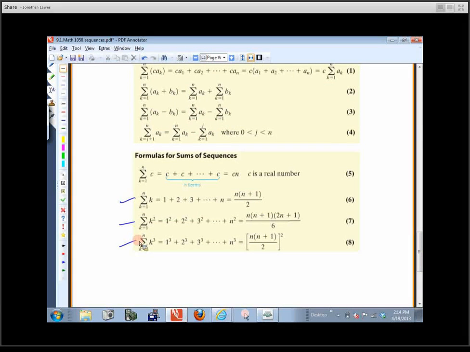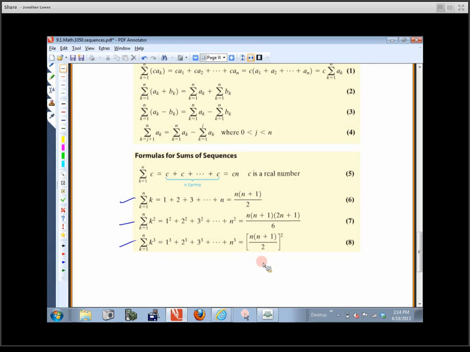Sum of the first n integers: n times n plus 1 divided by 2. If you want to sum up the first n perfect squares, it's n times n plus 1 times 2n plus 1, all divided by 6. That's pretty ugly. And if you want to do the first n cubes, it's n times n plus 1 divided by 2, all of that squared.